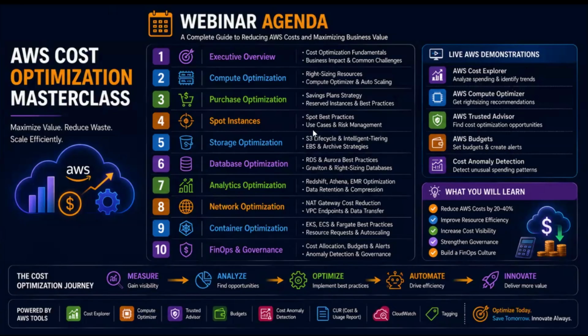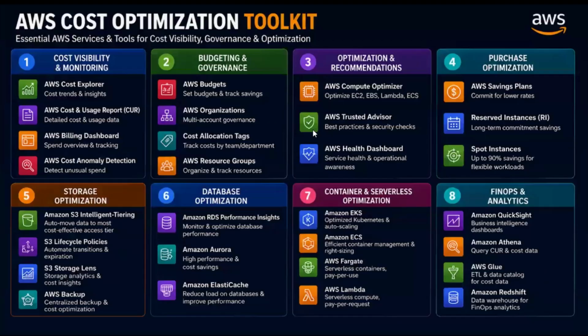Next we go through the AWS Cost Optimization Toolkit. These are tools used across multiple sections. First, cost visibility and monitoring: the most used are AWS Cost Explorer, AWS Cost and Usage Reports (CUR), the AWS Billing dashboard, and AWS Cost Anomaly Detection.